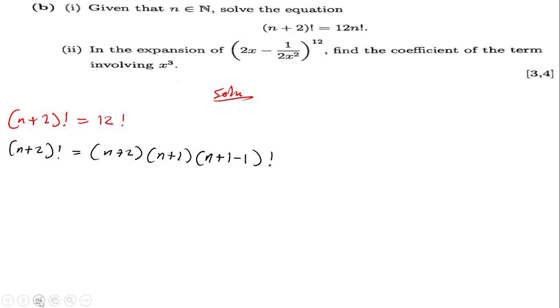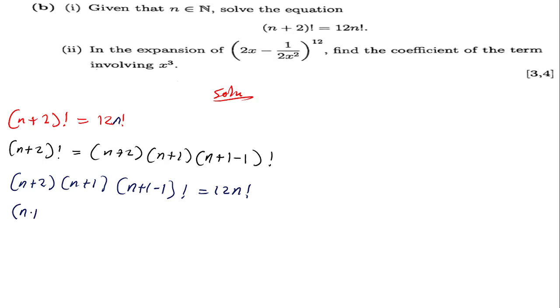With that in mind, we can equate this, which is (n+2)(n+1)(n+1-1)!, to 12n!. So this will remain as it is, (n+2) and (n+1), and we know n+1-1 is n, so you have n! equal to 12n!.